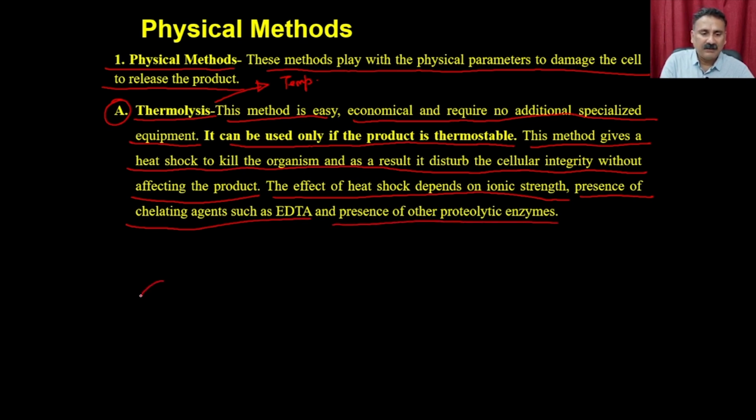What happens is that if you increase the temperature of a cell, for example if we heat the cell, it is going to expand to some degree, because when you heat any material, it expands.